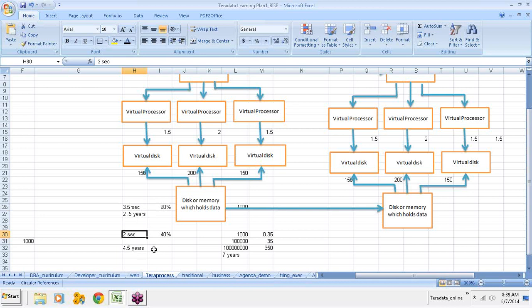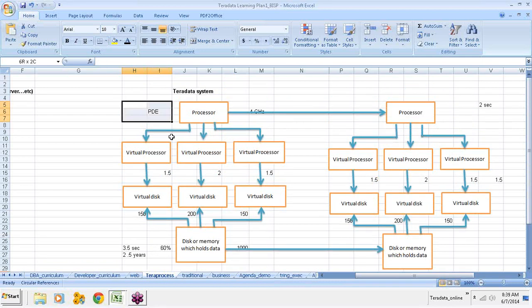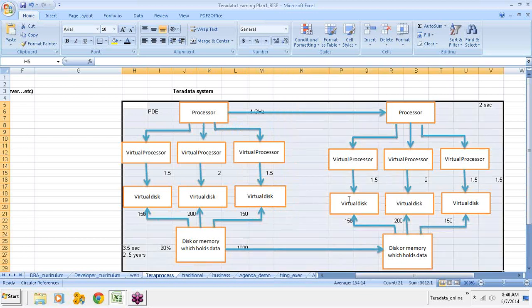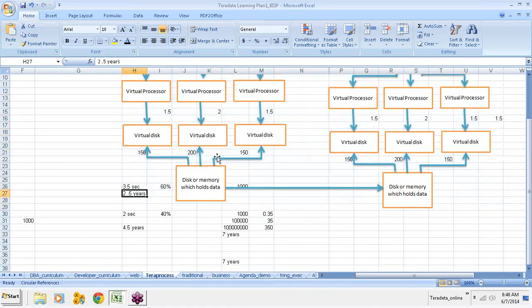So how much optimization did I get? In general terms, one system has become 2 systems, double the system, right? So the performance was also almost double. With the normal machine, if you are happy for 2.5 years with the single Teradata node, then with double the performance of the node, how many years will you be happy?